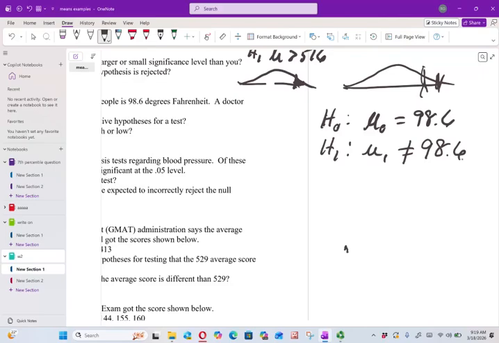So if I get the temperature of 50 people, what would the average have to be for me to say it's not 98.6? Like 102? Or what? 92. The rejection region is on both ends. The alternative points to both ends. Basically, it says not in the middle.